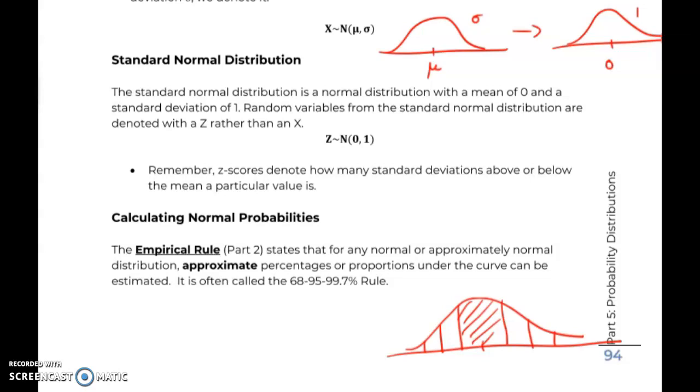So we'll actually be able to use tables and calculators and online calculators in order to determine what percent of our data is greater than 2.2 standard deviations above the mean, and questions like that.